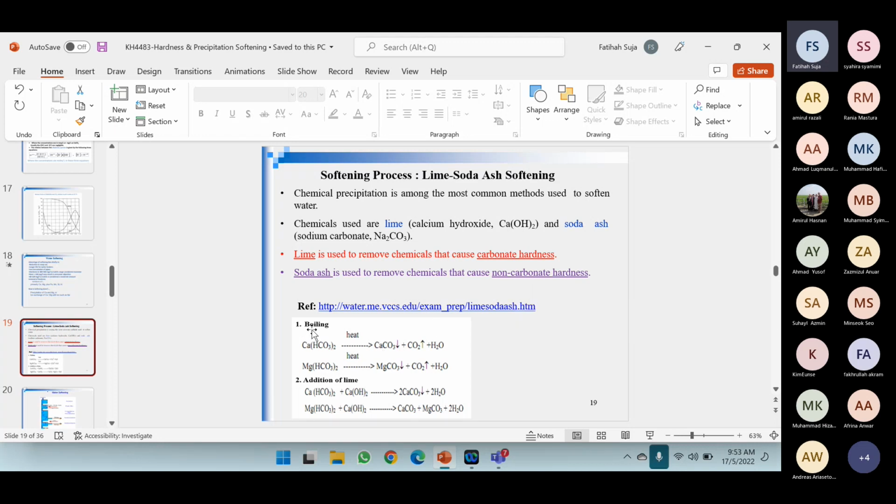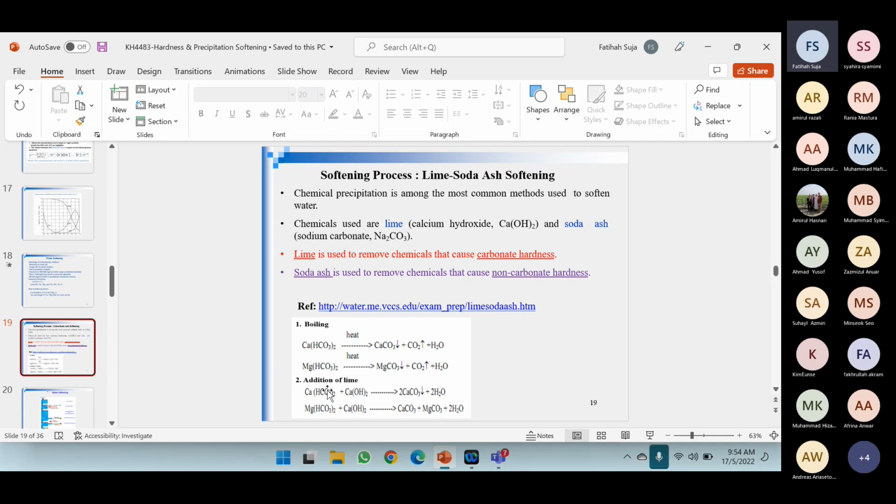As I mentioned, temporary hardness or carbonate hardness can be removed by boiling. By boiling, you provide heat and you will get calcium carbonate and magnesium carbonate that form precipitate or solid. You can use this in your house, but it is not possible for an industrial scale process because it will incur lots of cost for your energy.